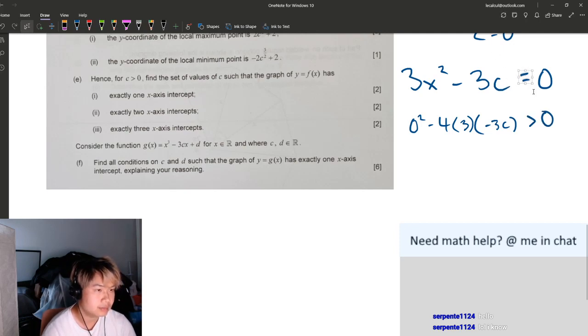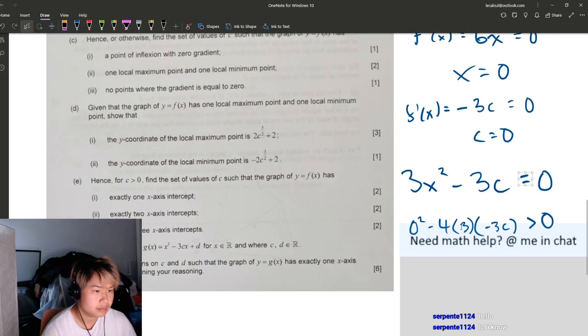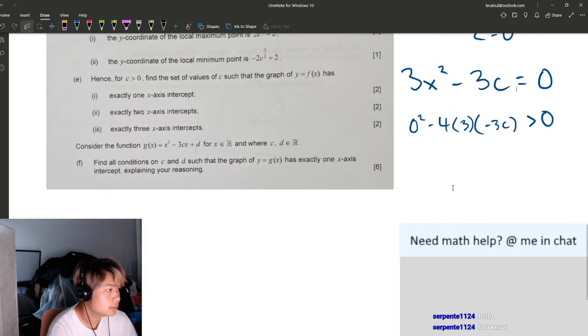And so what do we get? Basically, as long as c is positive, because you're going to have, what, 36c?